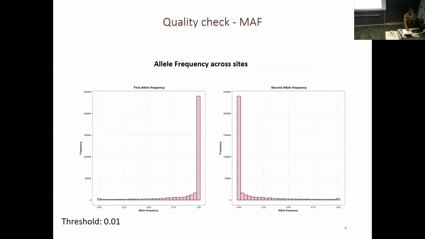Cassava being a diploid organism, the SNP data is biallelic. So this is the frequency of the first allele and the frequency of the second allele. We filter for minor allele frequency using 1%.